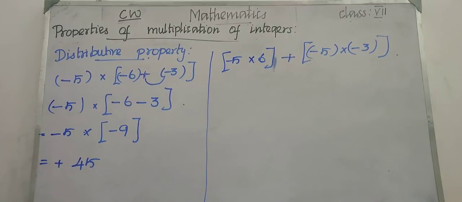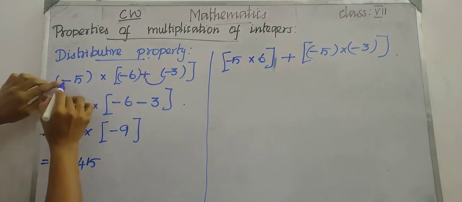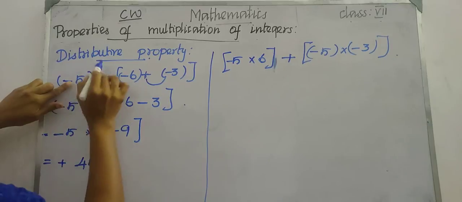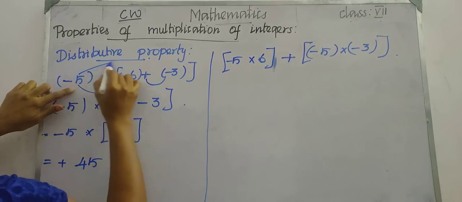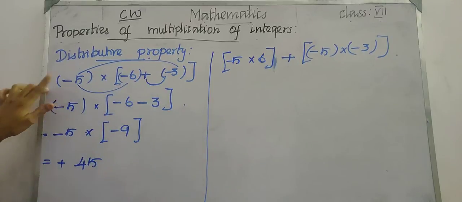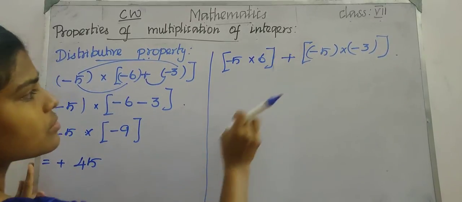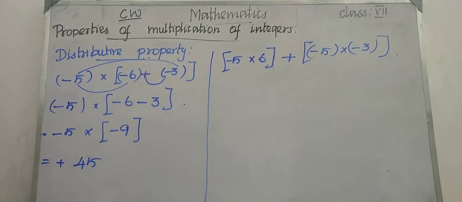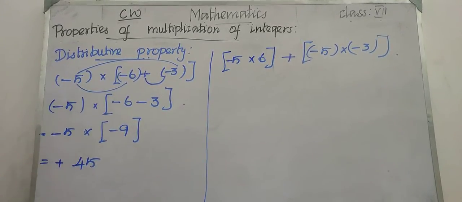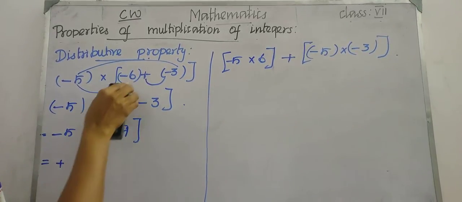Simply what we did, we multiplied this minus 5 with this minus 6 at the first, and at the last we multiplied minus 5 into minus 3. See, and the plus sign is in the center. So we can write this one in this way. Can you all understand?